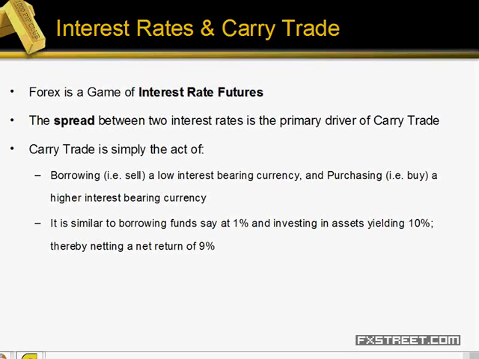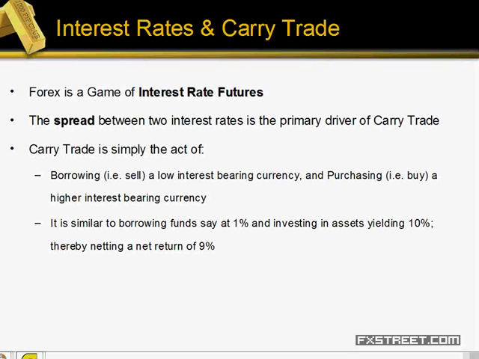So in simple terms, when you trade a currency pair, particularly on the spot market, you are buying one and selling the other. The one that you are selling is actually a currency that you are borrowing in order to use that currency at whatever interest rate that is to purchase the other one. Therefore the difference between those two interest rates is the difference that you owe the bank, so to speak, or the bank would owe you, depending on how it goes.